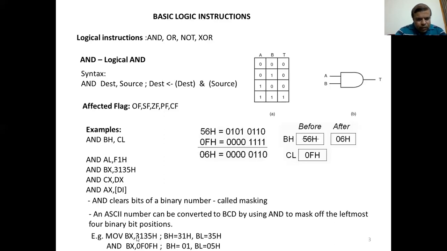Now this number I want to convert to BCD. So what do you have to do? Simply use the AND instruction, ANDing the content of BX with 0FH.